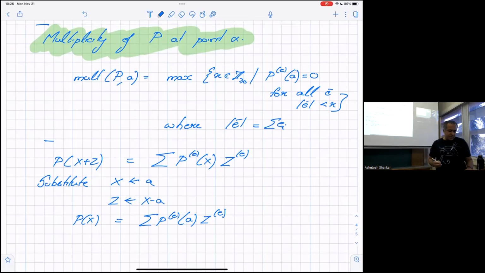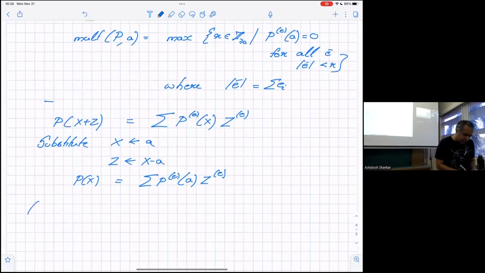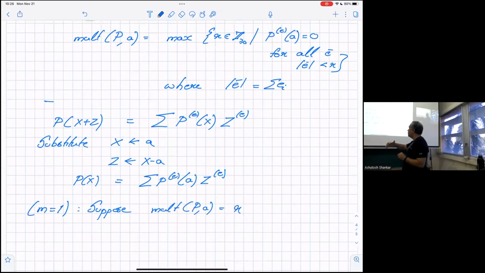Let's just look at the univariate case to get a handle on it. Suppose the multiplicity of P at a equals r. That is, everything of order less than r vanished. What would z have been?